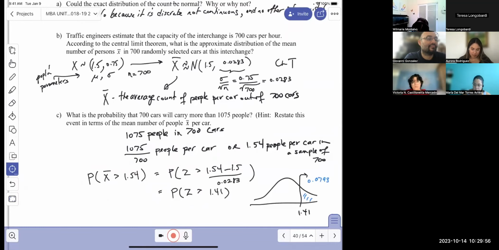That's small. It's not more than 50%. It's smaller. Yeah, 7.93%. That's right. So you can write it as 0.0793 or 7.93%. All right, is that okay?